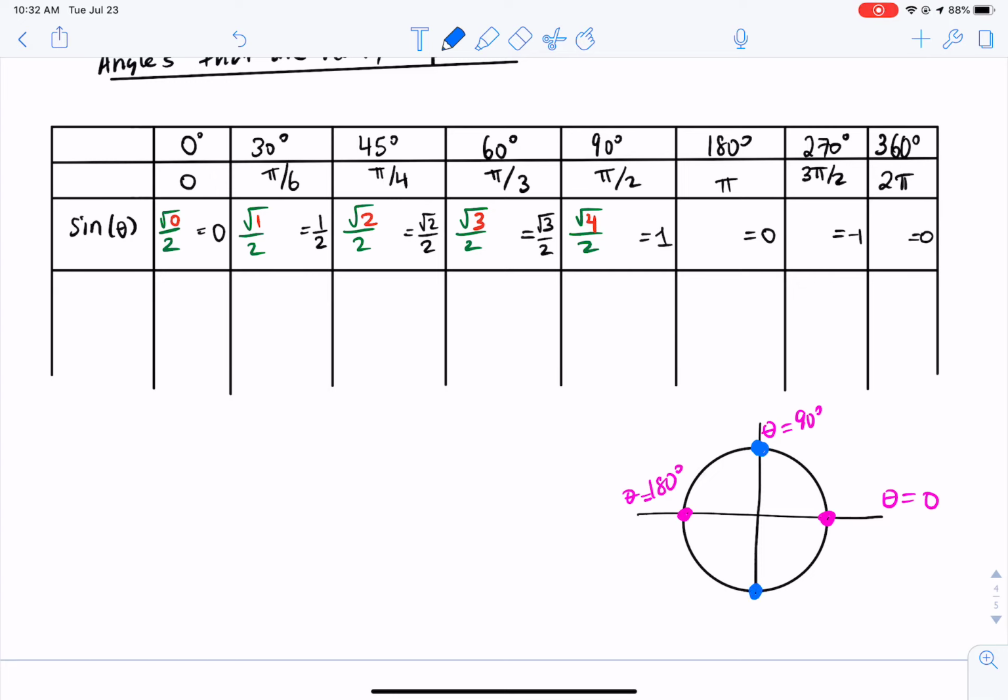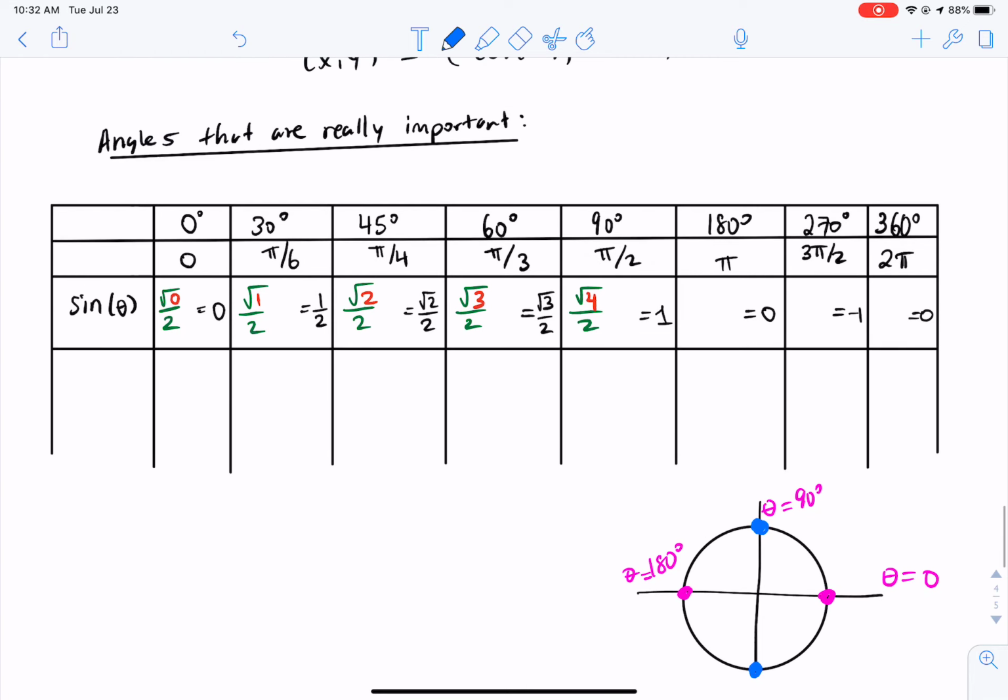What will be sine theta there? Negative. So that's where we are right now. So 180 will be 0. 270, that's the one on the bottom, is going to be -1. And 360 is back to the beginning. But again, I think the most important ones are the first 5 of them. The last ones we can easily look at later using the reference angle, and we're going to get one of these fundamental angles as well.